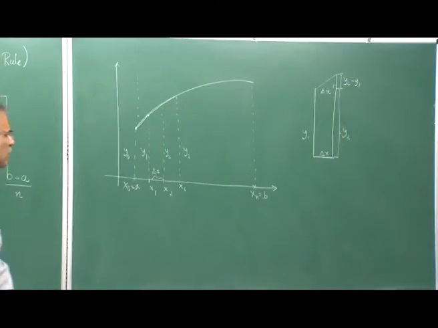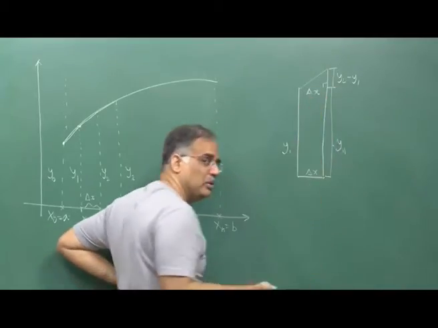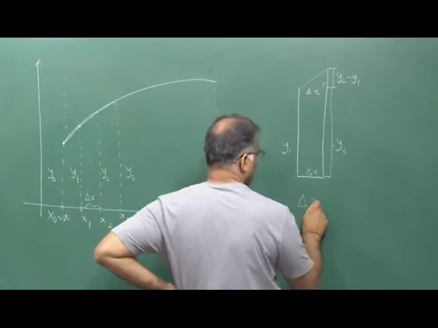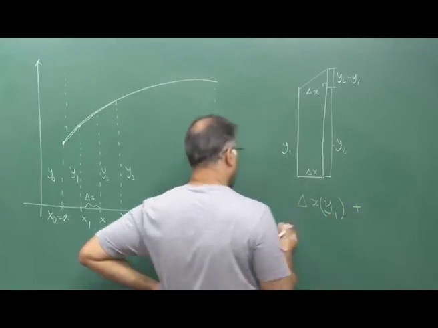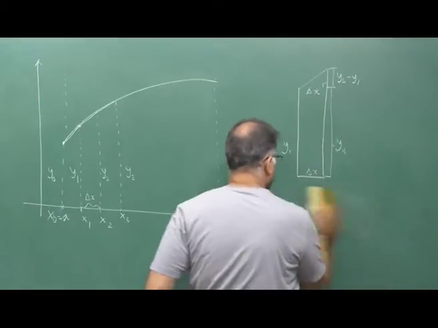Now, how do I find the area? First I find the area of the rectangle, then the area of the triangle, and sum them up; that is the area. So, the area of the rectangle is delta x into y1, or y1 into delta x, which is a more comfortable way of writing, so people do not get confused.